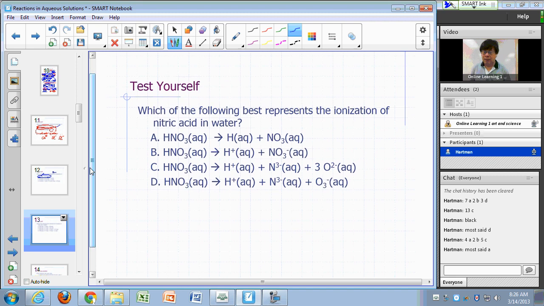Let's look at another question. In this one, you have nitric acid, HNO3, in water. What's the best way to represent the ionization of the acid in water?